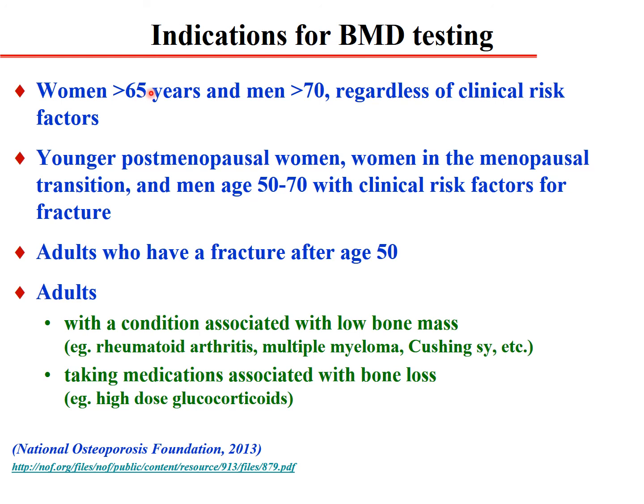Usually women over 65 and men over 70 should be checked regardless of clinical risk factors. Also postmenopausal women, younger women in the menopausal transition, and men aged 50 to 70 with critical risk factors for fracture, adults who have a fracture after the age of 50, and adults with a condition associated with low bone mass, for example, rheumatoid arthritis, multiple myeloma, or Cushing syndrome, or taking some medication that can accelerate bone loss, for example, glucocorticoids.